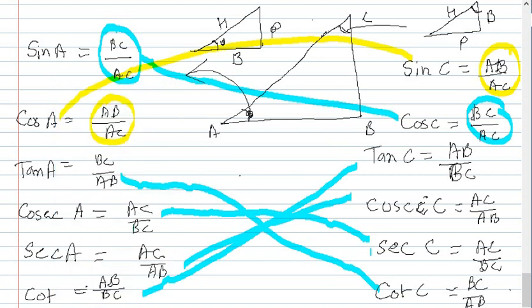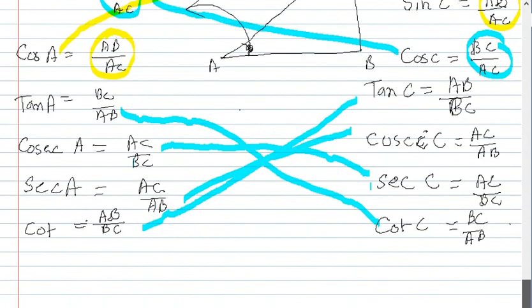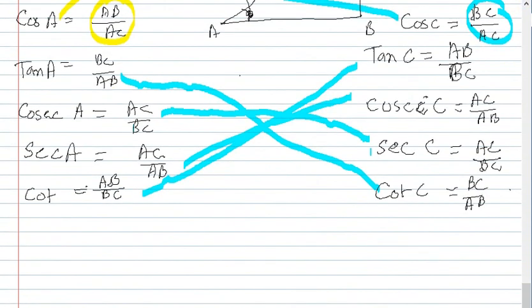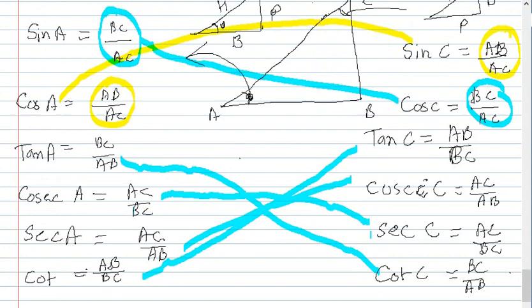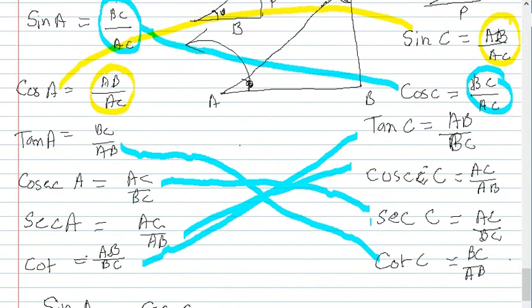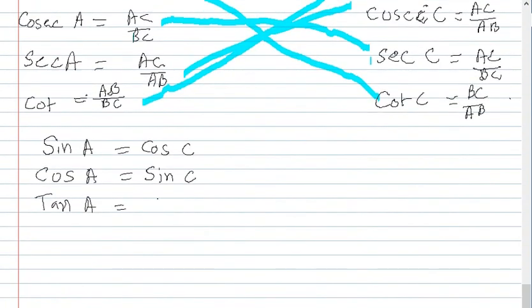Let me write: sin A is equal to cos C. Similarly, cos A is equal to sin C. Similarly, tan A is equal to, let's see, cot C. Similarly, what is the reciprocal of sine?